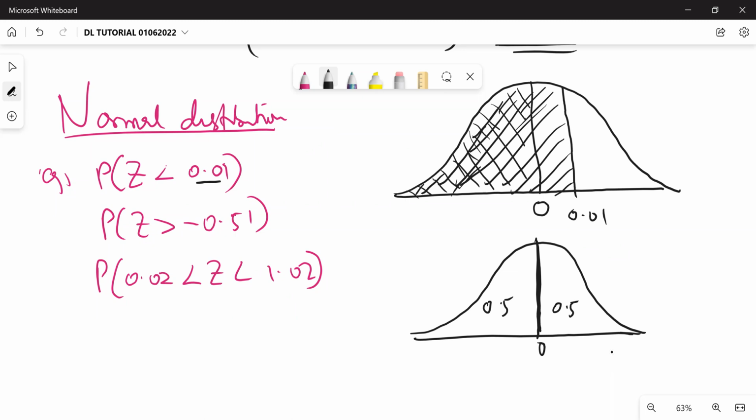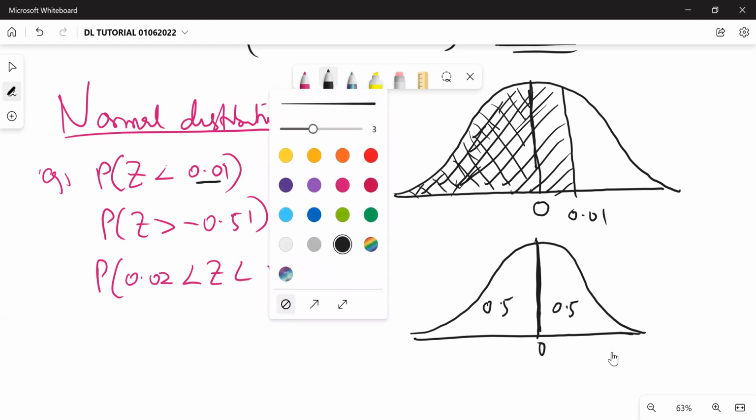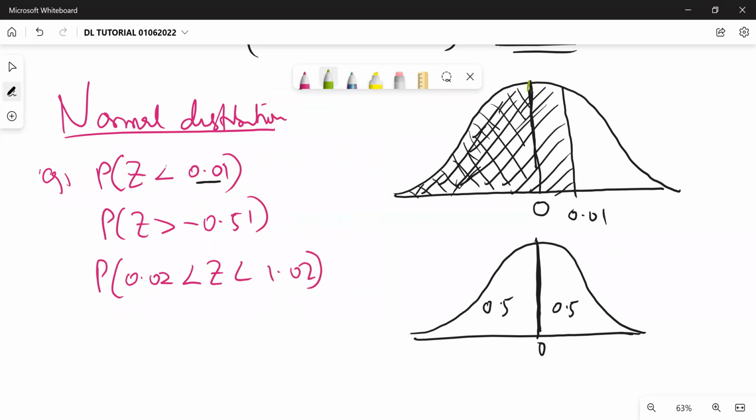What you need to get from the table is the remaining part, the part that I'm highlighting in green. Once you get that, you add it to 0.5. So this will be 0.5, which is the lower half of the diagram, plus the area between Z equal to 0 and Z equal to 0.01, which you read from your tables.